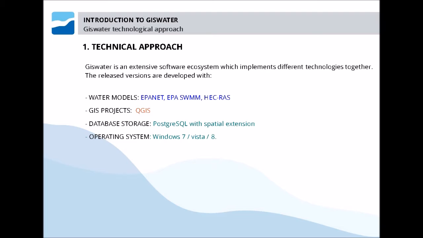The technology for database storage is Postgres with its geospatial extension PostGIS. In the future, other database technologies can be used, such as Oracle or SpatiaLite, but at the moment it is only qualified to function with PostgreSQL. And finally, the operating system on which the tool works is Windows 7, Vista, or 8.